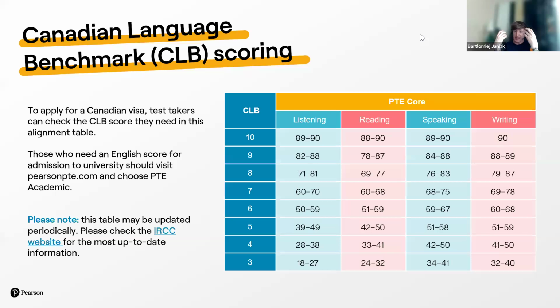You will get the description of the CLB benchmark. You will see the description of the levels. You will find, which is quite useful from the test taker's perspective, samples of answers there on various levels, and you'll also find can-do statements there. Okay, so you'll be able to download can-do statements.